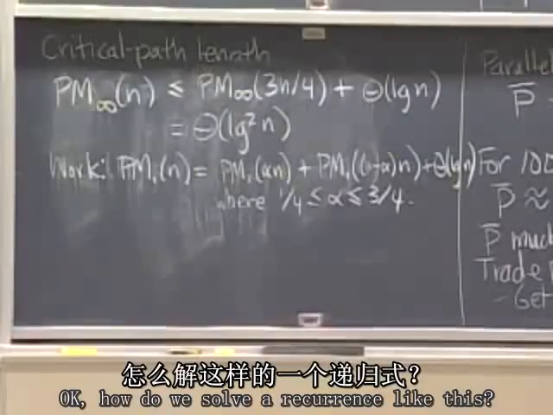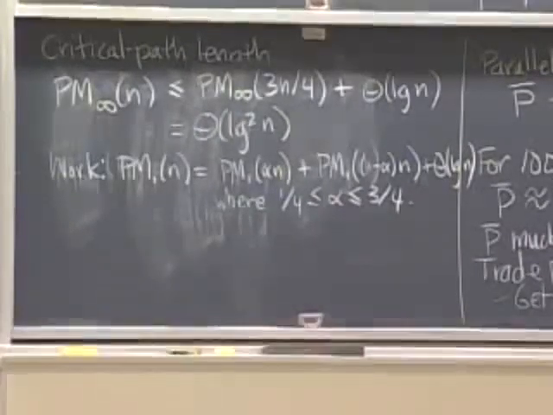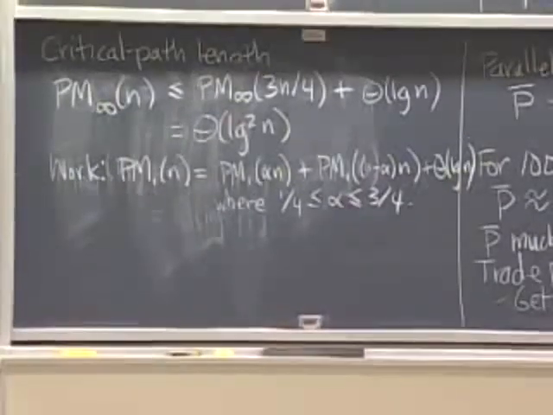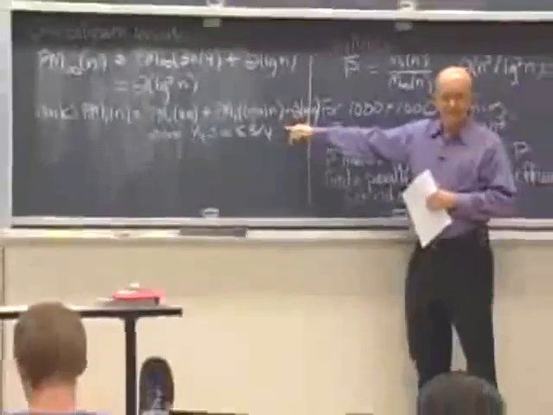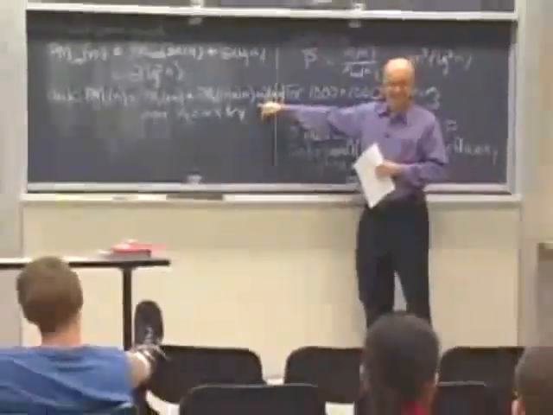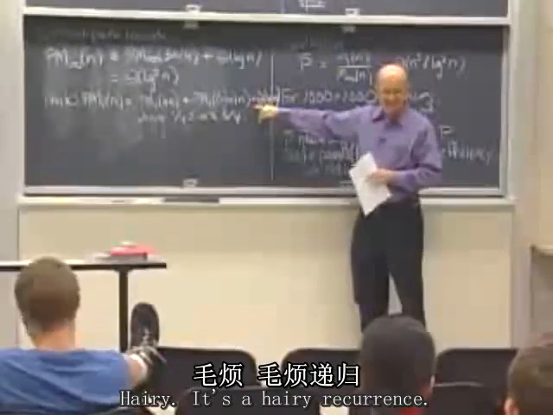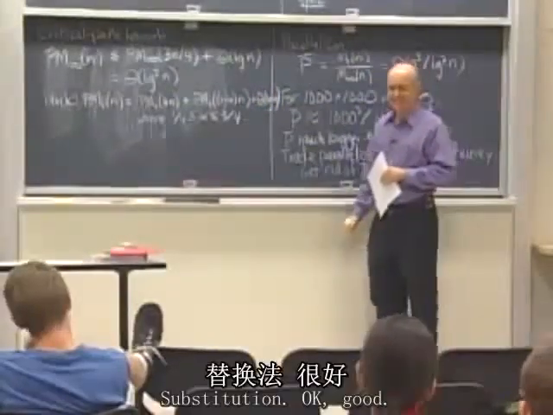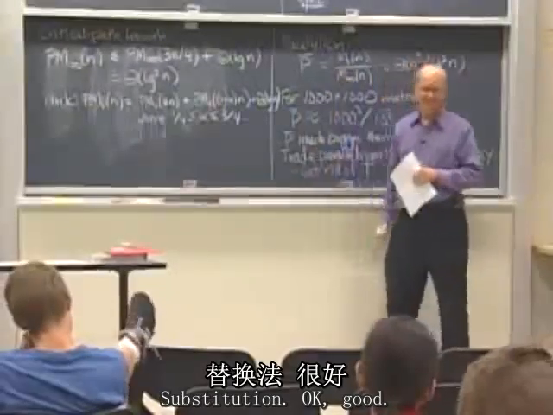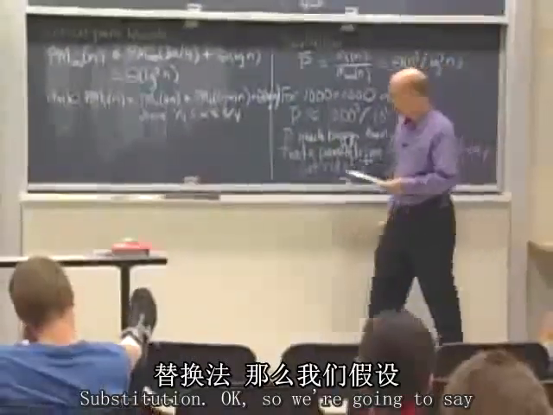Okay, how do we solve a recurrence like this? What's the technical name for this kind of recurrence? Hairy. It's a hairy recurrence. How do we solve hairy recurrences? Substitution. Okay, good. Substitution.